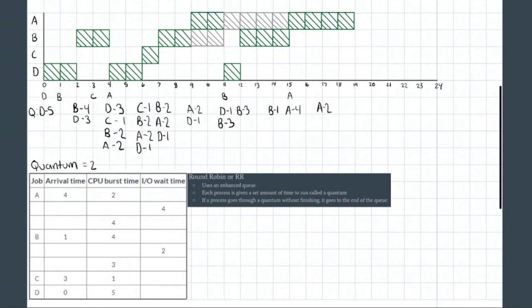But it's not going to execute at the same time exactly because of the quantum and having to keep track of the queues. Yes. That makes more sense. And I'll add that A only had a burst time of 4 because it was the only one left. And then at the end, B had a burst time of 3 because it was the only one available.